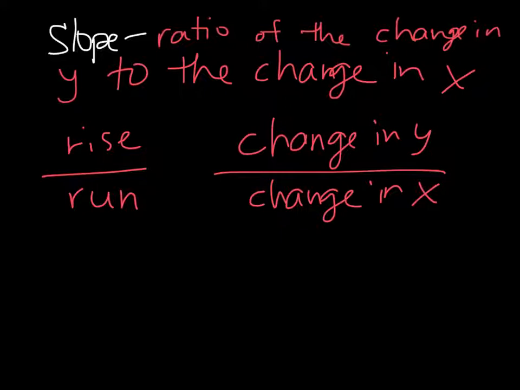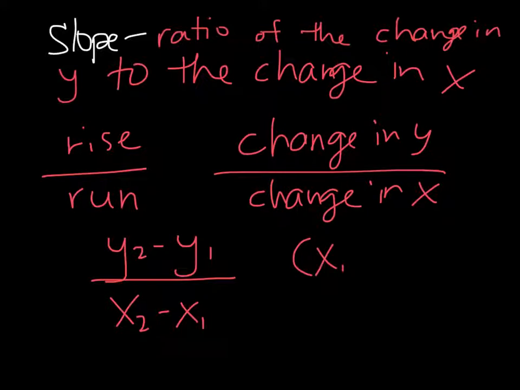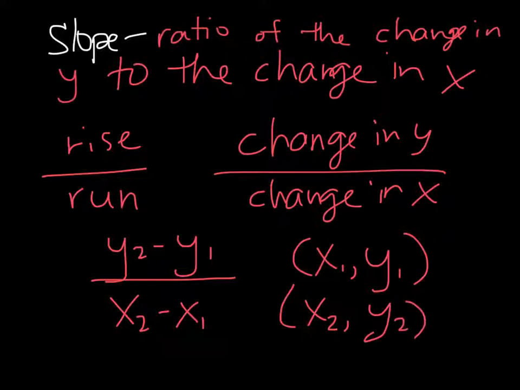And we talk about the slope as any of those ways. Our slope formula is y2 minus y1 over x2 minus x1. And so when I have two coordinates, I have x1, y1 and x2, y2. Those little 1s and 2s are just describing the first coordinate and the second coordinate, just so we can keep them together. What we have to remember is that if we put the y from the second coordinate first on the top, we have to put the x from that same coordinate first on the bottom.